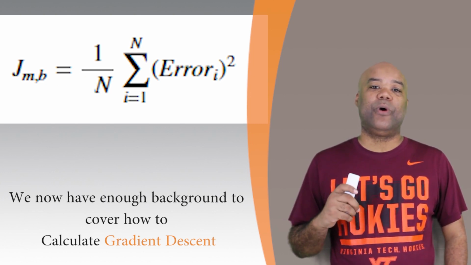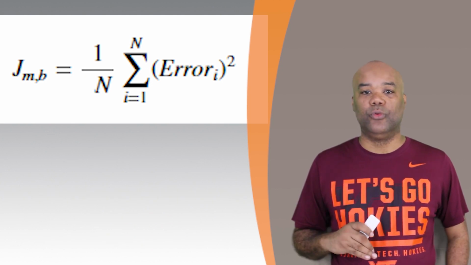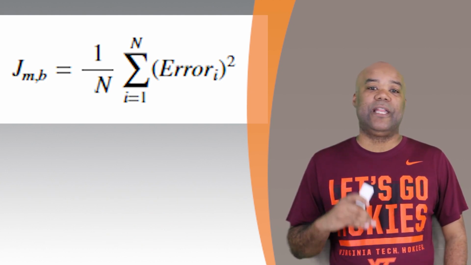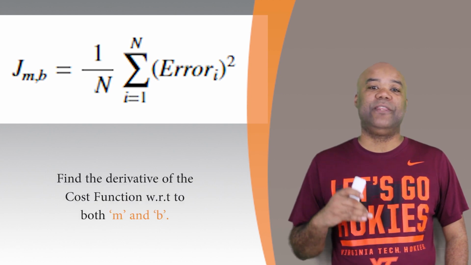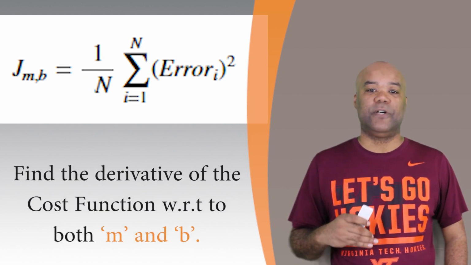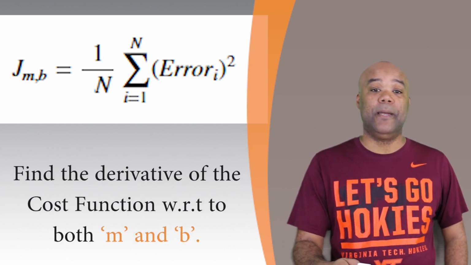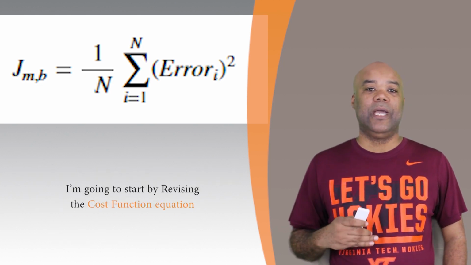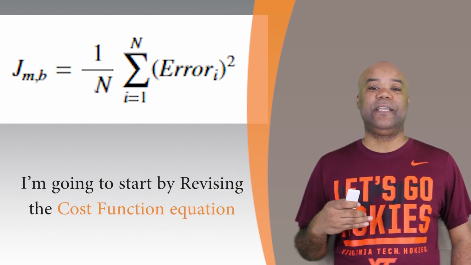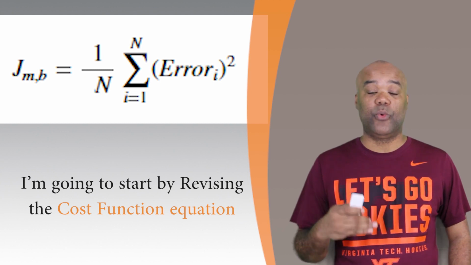Let us now apply the knowledge of these rules of calculus in our original equation and find the derivative of the cost function with respect to both m and b. And I'm going to start by revising the cost function equation.